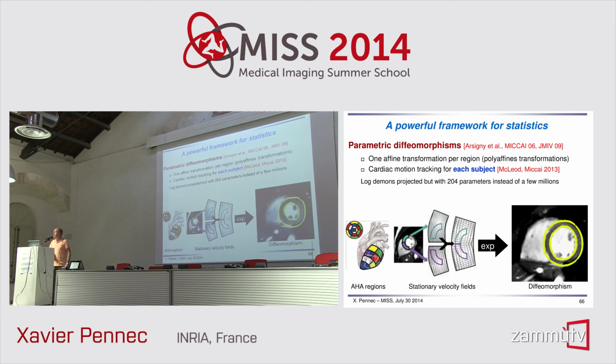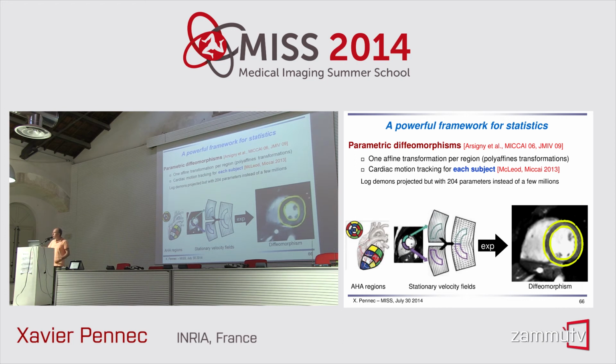This is an example of tracking the motion of the heart with only 17 regions. So it means 17 times 12 parameters, about 200 parameters. So this is a diffeomorphism parameterized by 200 parameters.